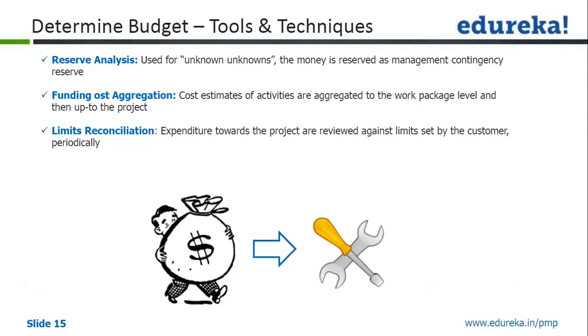Limit reconciliation: expenditure towards the project is reviewed periodically against the limit set by the customer. Limit reconciliation is another tool and technique to ensure that we are not exceeding the limit set by the customer.